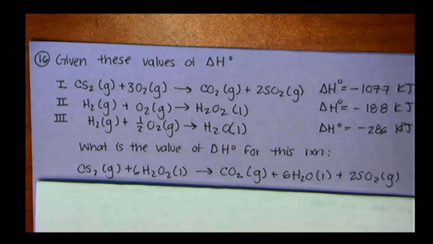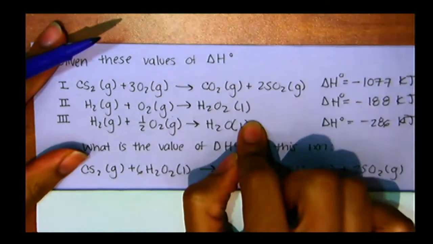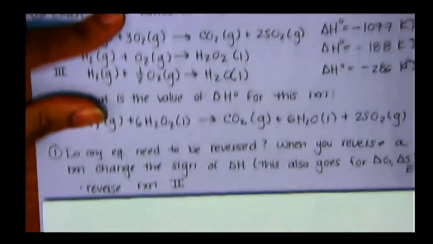So the first thing I would do is find if any reactions need to be reversed. A really good way to look at it is, if I look at my overall reaction for H2O2, I have an equation for that, equation number 2, that'll generate hydrogen peroxide. But hydrogen peroxide is a reactant in the overall reaction, but a product in this one, which means I'm going to have to reverse equation 2, so that when I add it, it'll be a reactant.